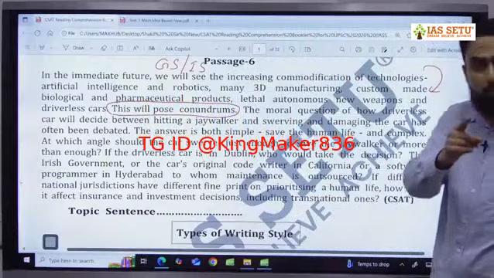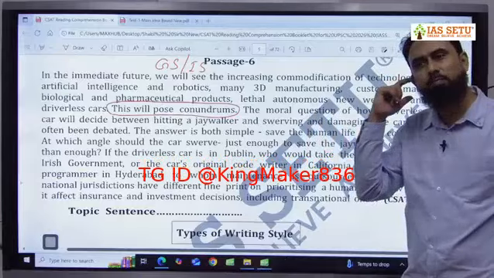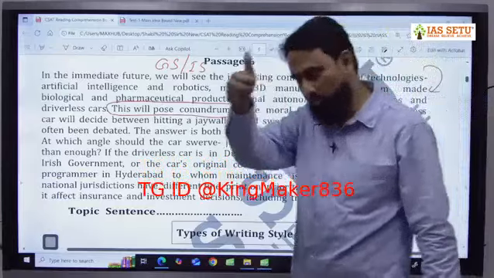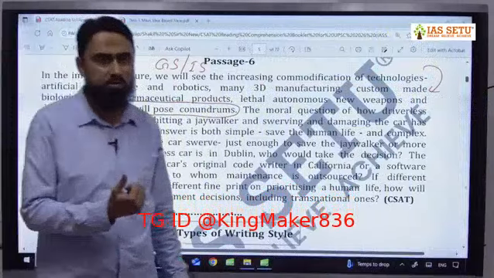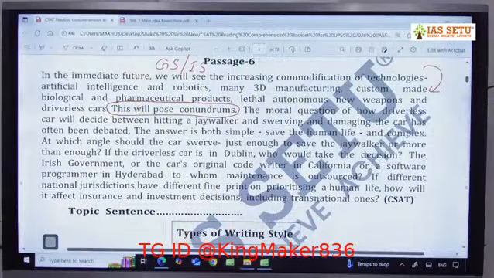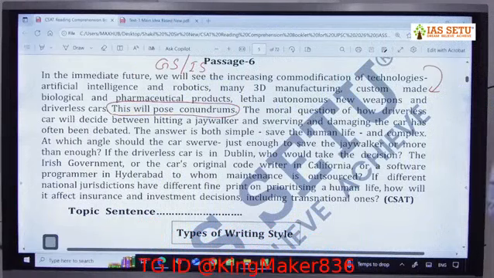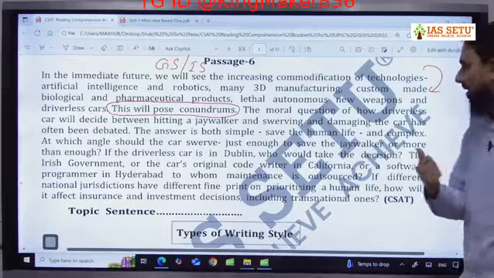Conundrum is also in your list. What is conundrum? Yes, please. Problems. Very good. Conundrums means problems, complex situations. So he says this increasing commodification will be problematic in future. Will pose some challenges, threats, and the threats are there.